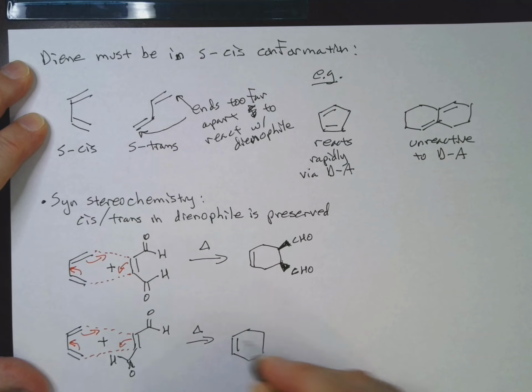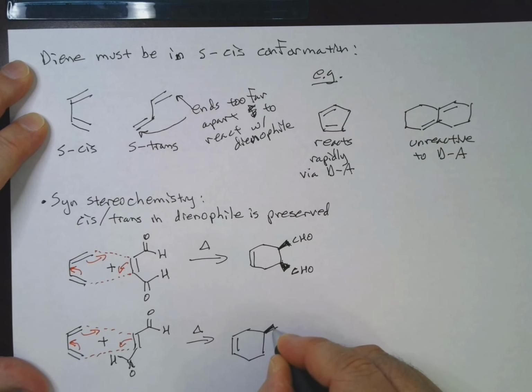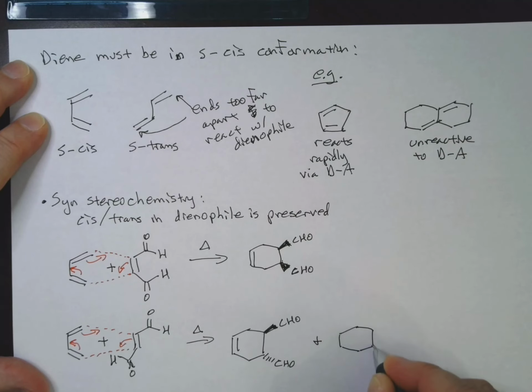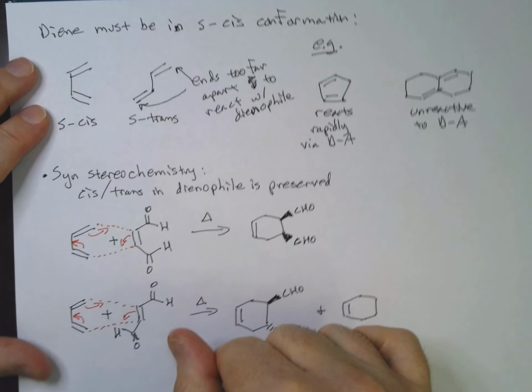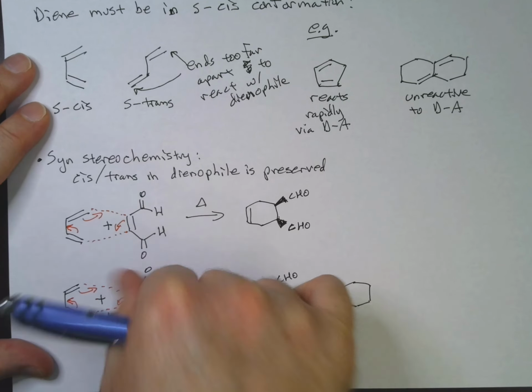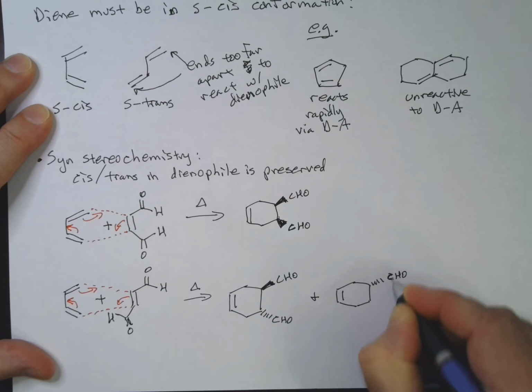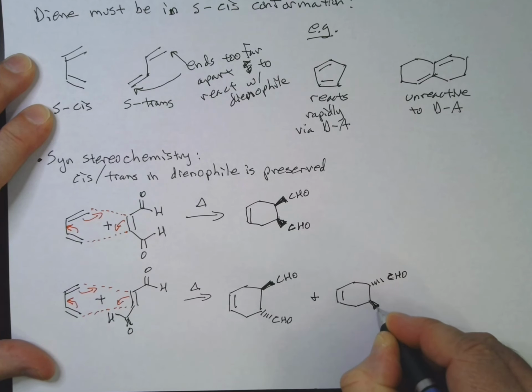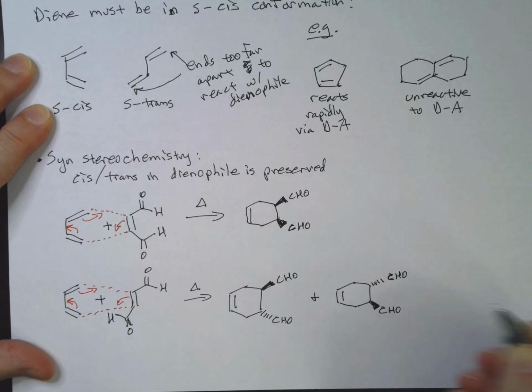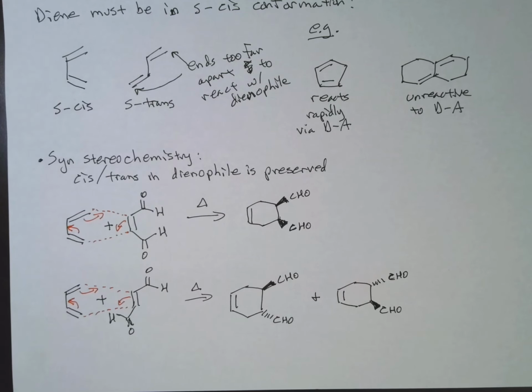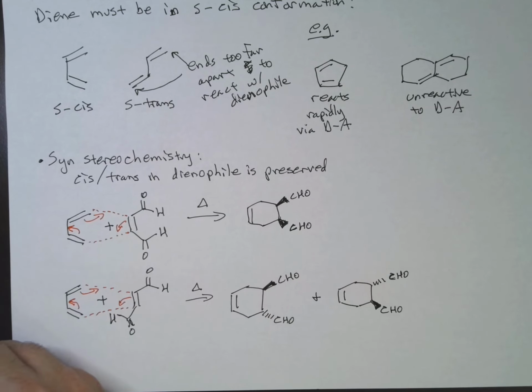Don't want to forget that. And I could get it adding in either orientation, so this way, or let me move that a little bit, there we go, or flipped over. So I would end up getting the enantiomer. Okay.